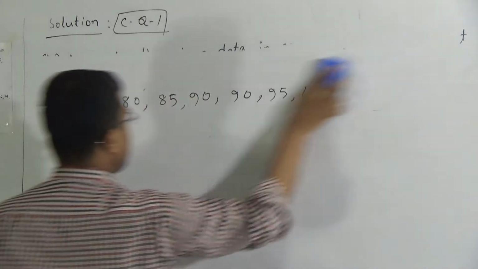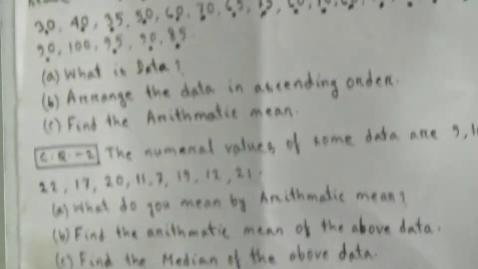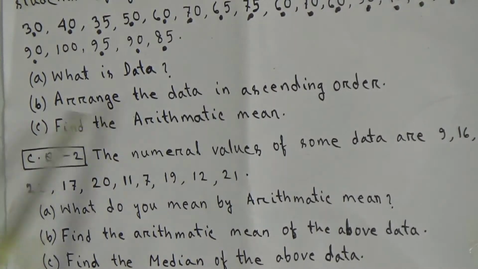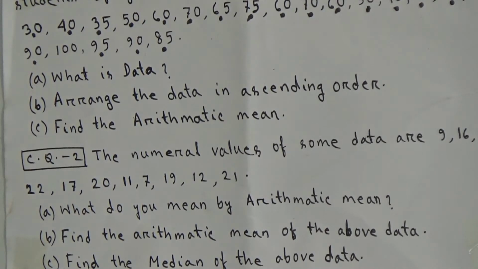Now we will solve C number. The question of C number is, find the arithmetic mean. At first we want to know what is arithmetic mean.